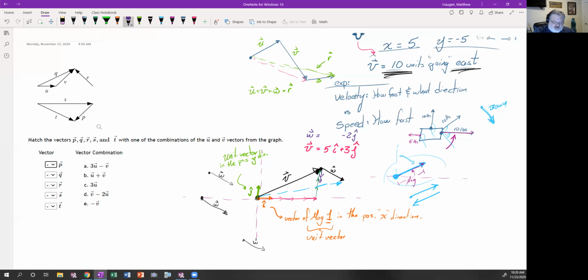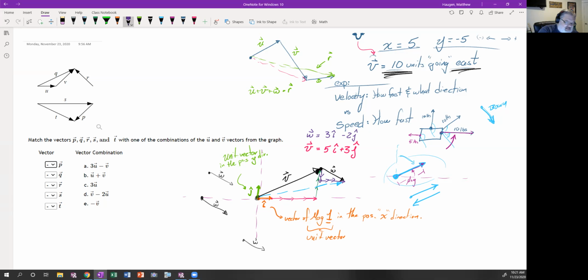Negative because those j's are going downward instead of upward. And then 1, 2, I'm going to say 3 in the i direction gives us the component form for that vector.